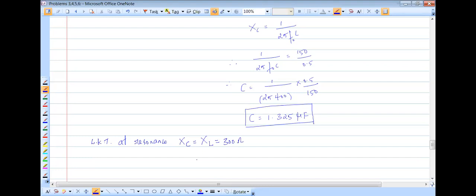What is XL given by? We know that our XL is omega L. We say j omega L, but we ignore that j because we consider only the magnitude. Understand that?